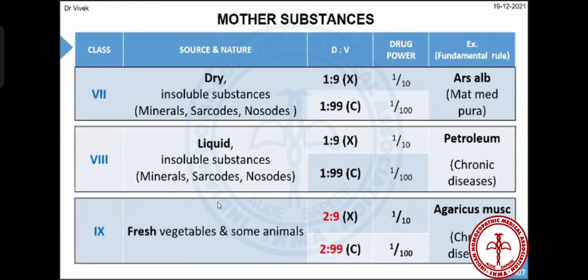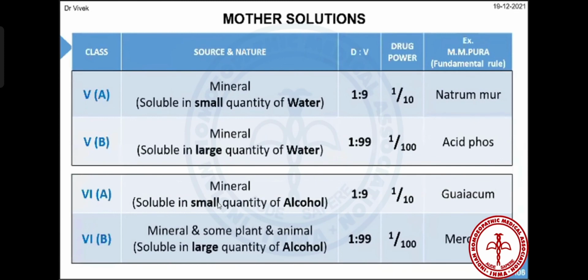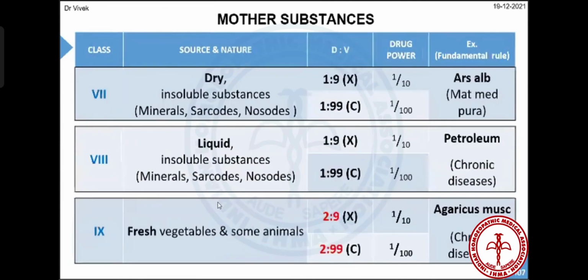Now we will see how you can easily remember this fundamental rule. If you see the examples of class 5A, 5B, 6A, 6B and 7, just see the first letters. It will be Nagma. N for natrum mur, A for acid fluor, G for guaiacum, M for mercor, and A for ars alb.